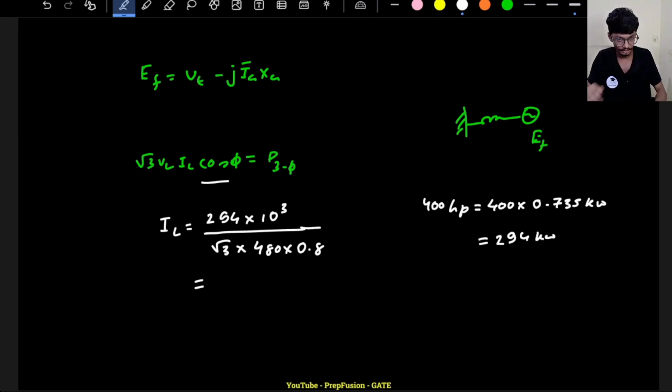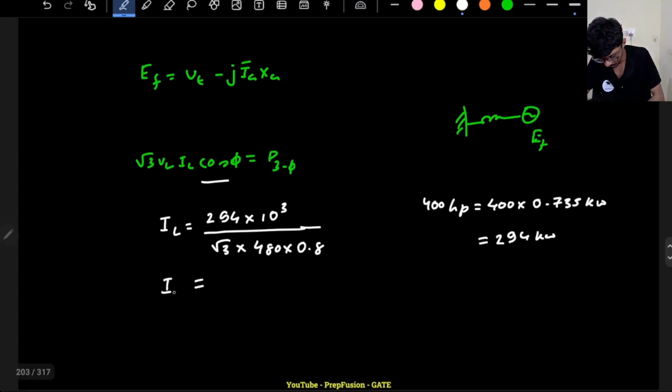It comes out to be 442. So the armature line current comes out to be 442.